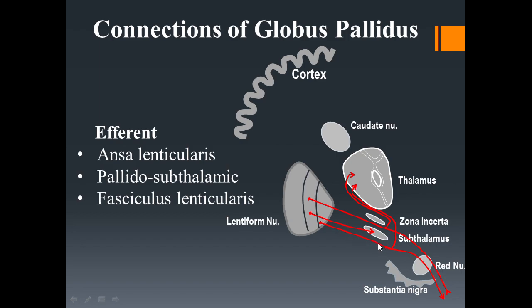The fibers loop upward and join with the ansa lenticularis to form the thalamic fasciculus, and then this thalamic fasciculus terminates in the thalamic nucleus. So there are three efferent fibers: ansa lenticularis, pallidosubthalamic and fasciculus lenticularis.